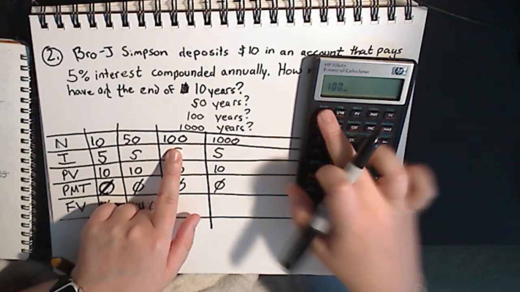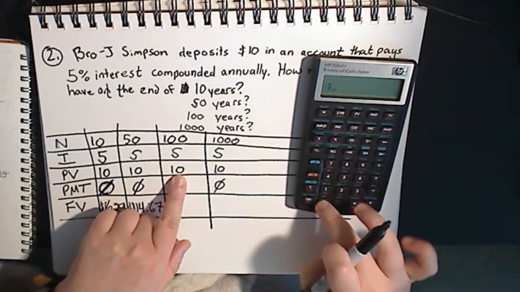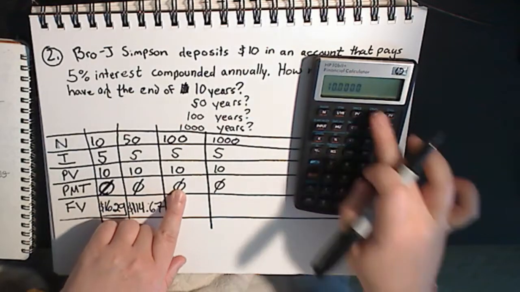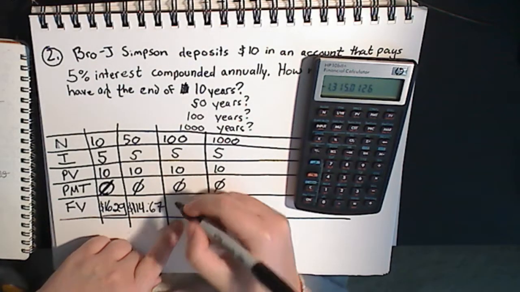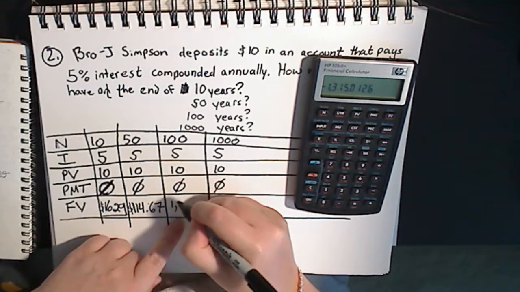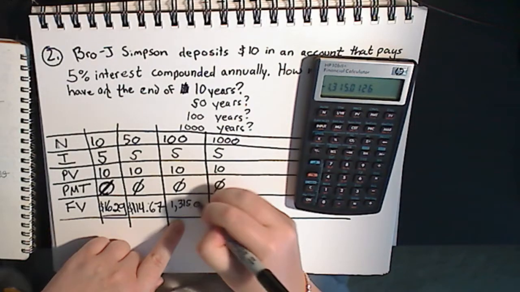Now we have 100 is N, 5 is I, 10 is the present value, no payment. What is future value? $1,315 and a penny.